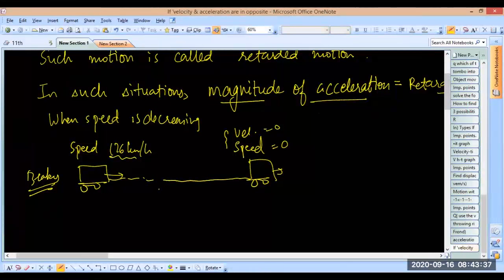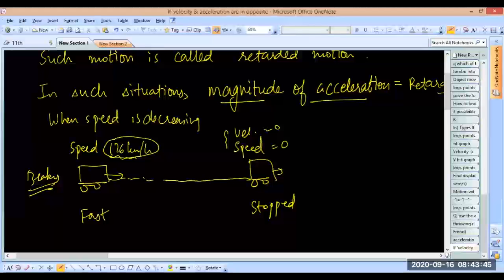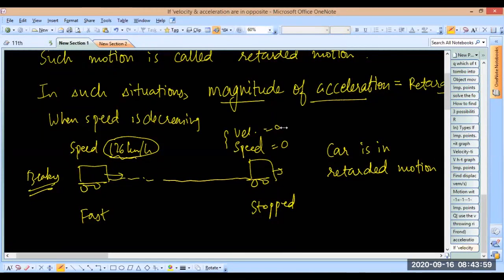Now, look at the speed. Here it was fast, and here it is slow or has stopped. Agreed? So its speed has decreased, which means this car is doing retarded motion. The car is in retarded motion. Clear?